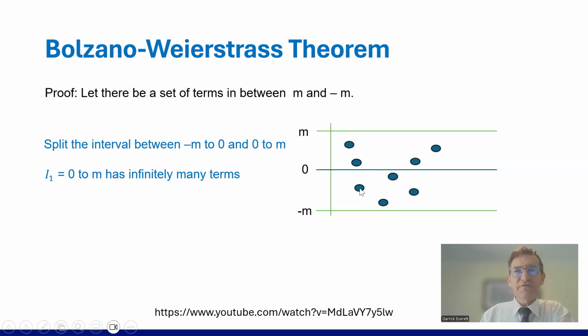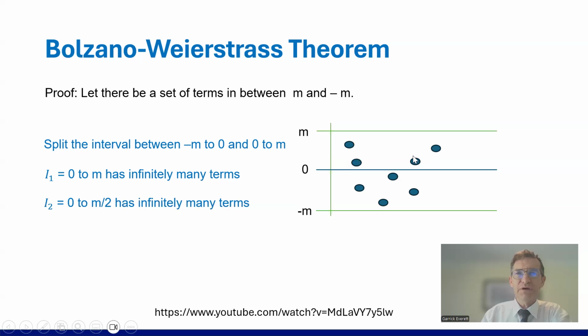So if you cut it in half, this is a fixed number, and this is infinite. If the whole thing is infinite, then once you split it in half, one side will not be infinite. So we're going to say 0 to m has infinitely many terms, and that's going to be I1. Now let's do it again. I2, from 0 to m on 2, has infinitely many terms.